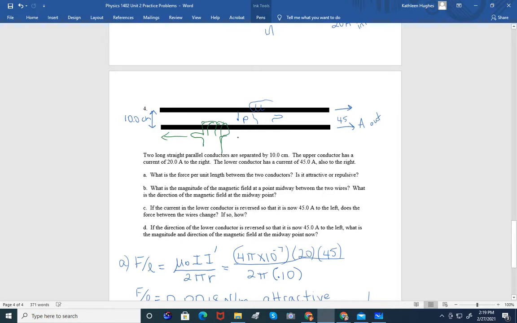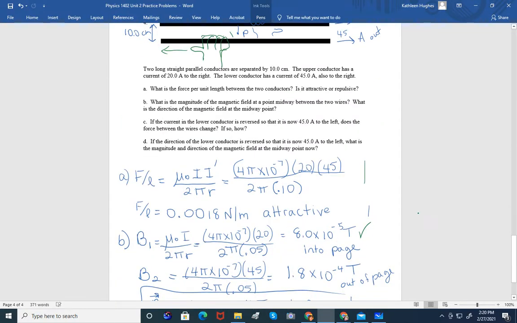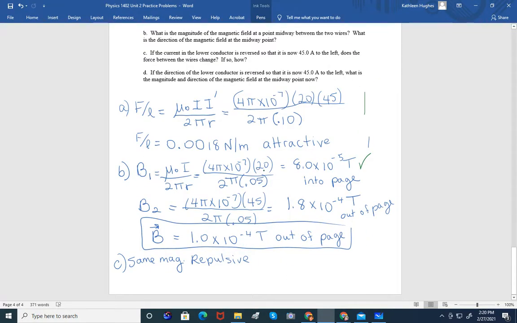That doesn't look very good, but you get the idea. When I grab it, so now this is going to be going into the page, just like this one went into the page. So by reversing that current, this 1.8 times 10 to the negative 4 Tesla now goes into the page.